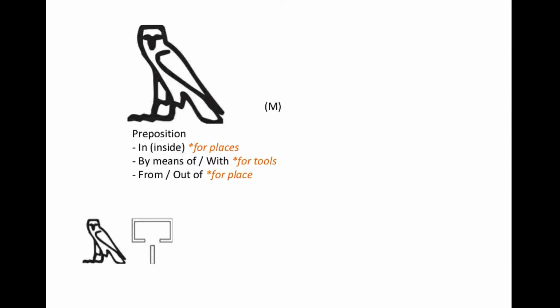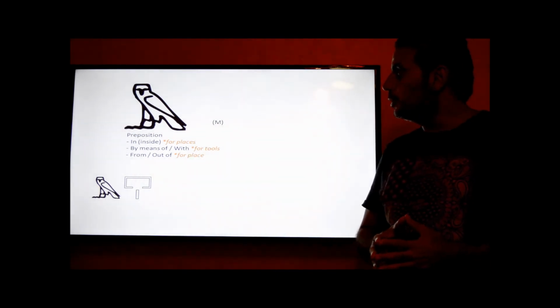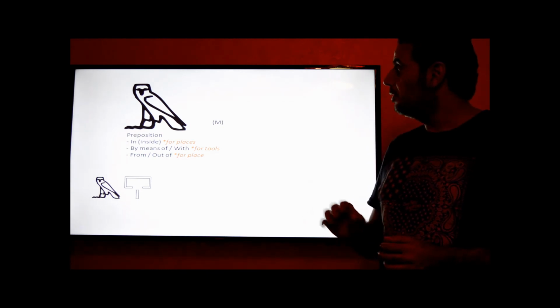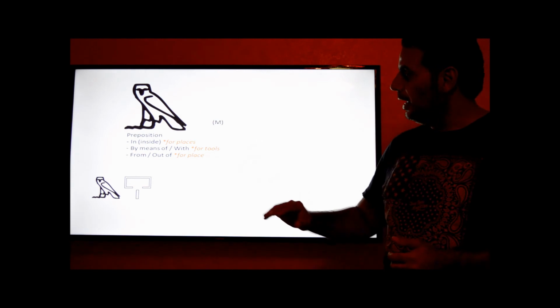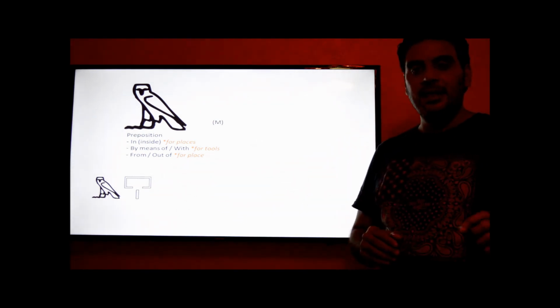It can play as a preposition meaning in or inside, for places: inside the house, inside the city, inside any place. It can also mean by means of or with, for tools, and from or out of. And this is the example, ber, inside the house, or in the house.